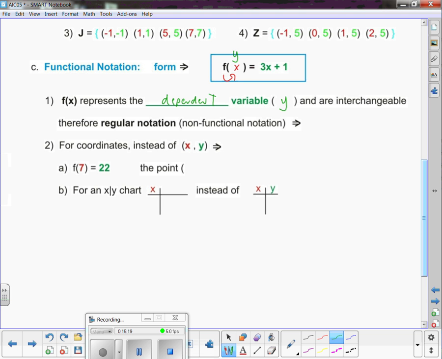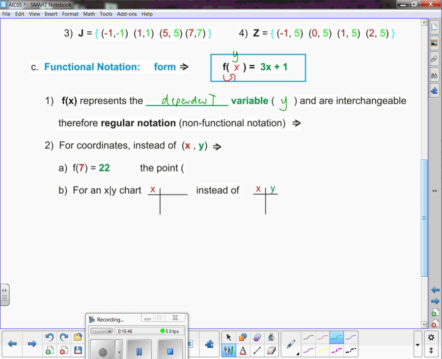The y equals 3x plus 1 would sound normal to you guys, normal language, whereas f of x is functional notation, functional language. You're not familiar with it too much yet, but it's not hard. It goes in place of the y. And there's a value to it, and we'll get to it in just a moment. So the y, the dependent variable, and f of x are interchangeable.